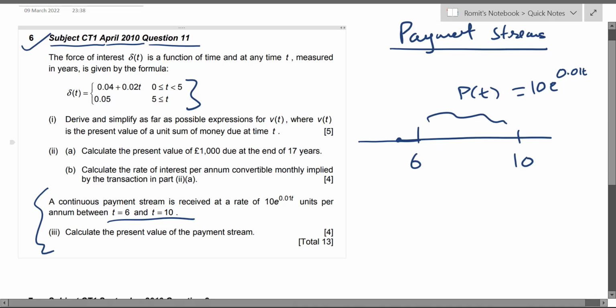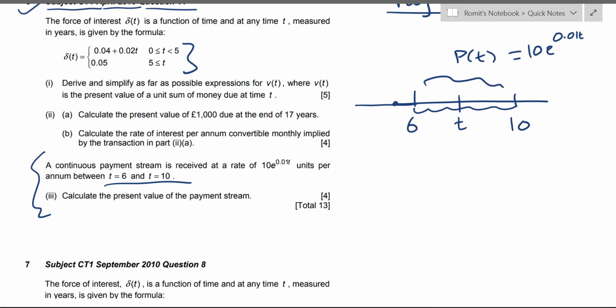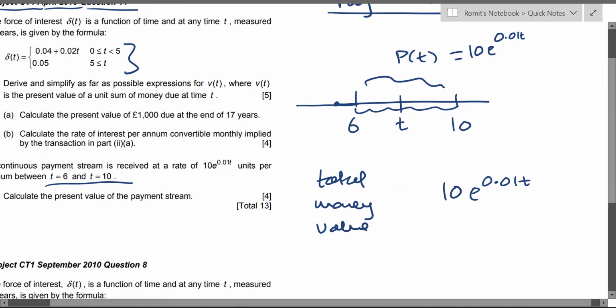What we do is we consider an arbitrary time t between time 6 and 10. If I want to calculate the total value of the stream, just adding up the stream without discounting, what will be the total money value? At any representative time t, the value of the payment would be 10 e to the power of 0.01t times dt.